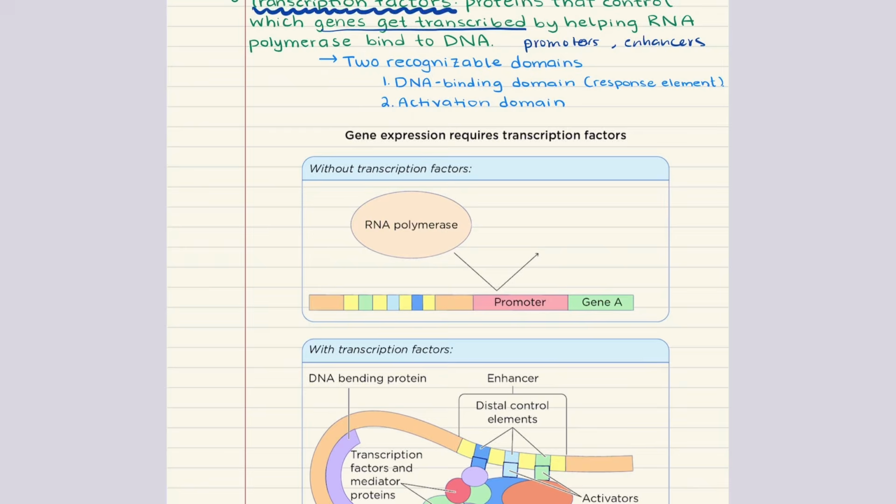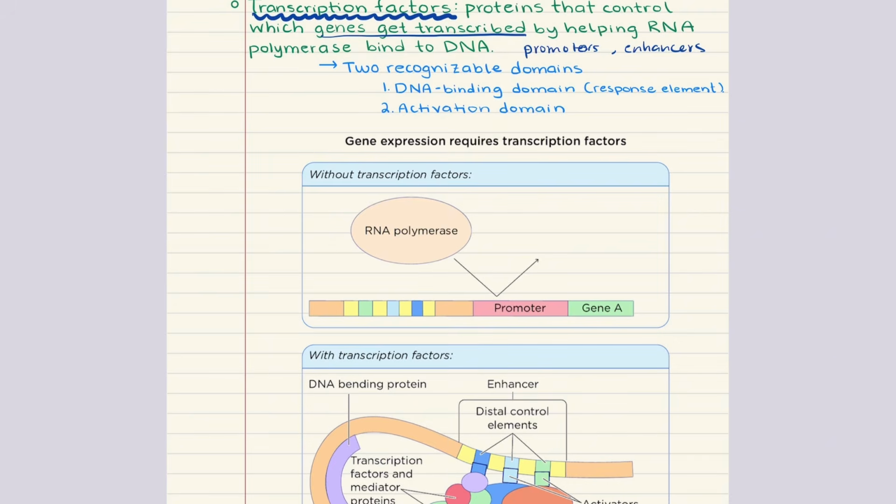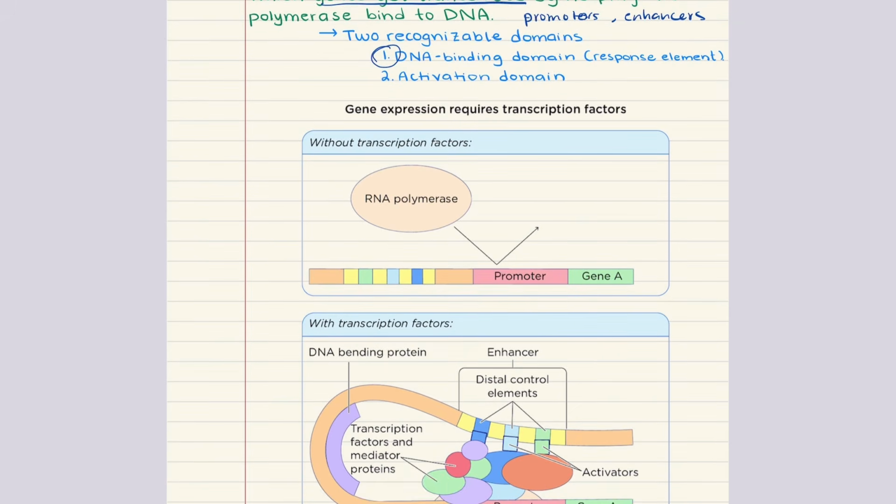Each transcription factor is going to have two recognizable domains. That first domain is the DNA binding domain, which is going to latch onto specific DNA sequences known as response elements. And these are sequences that are near or far from the gene that help regulate it. The second domain is the activation domain.